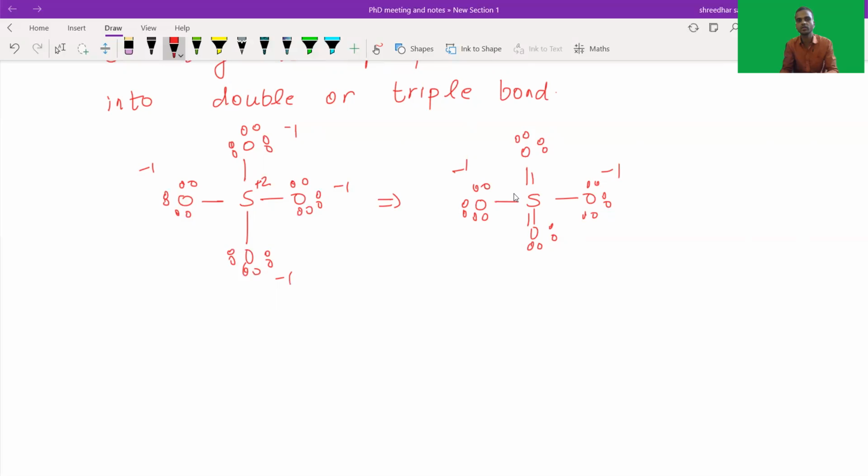So now it is having no formal charge, and the formal charge on these two oxygens also got minimized, or there is no formal charge on these oxygen atoms. So now this is the final Lewis dot structure of SO4 2 minus. So by just following these 7 simple steps, you can draw the Lewis dot structure of any species. Okay. So thank you very much. We'll end here.